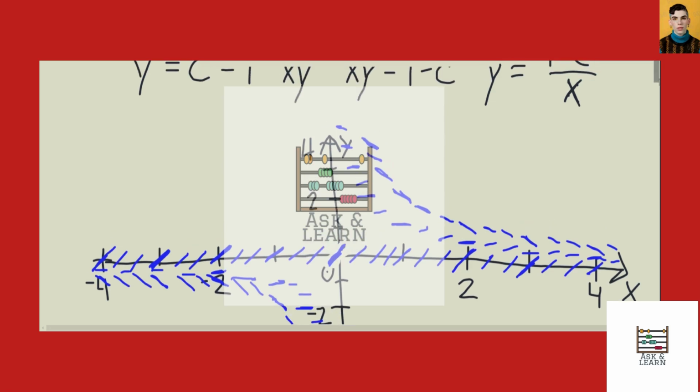You can see that as these hyperbolas get farther and farther away from the axes, from the origin, on the right, the slopes are going to get more and more negative. So this will get steeper and steeper.